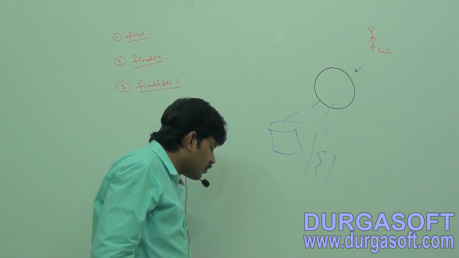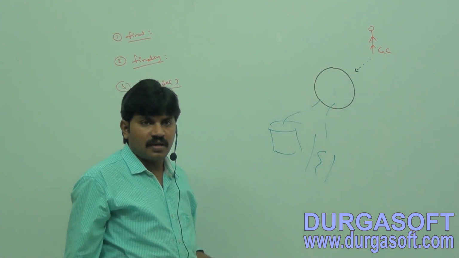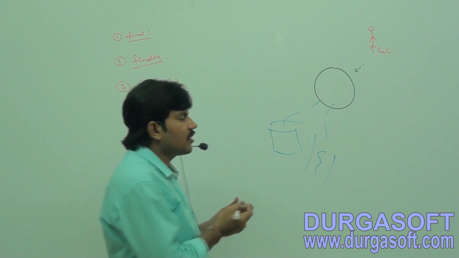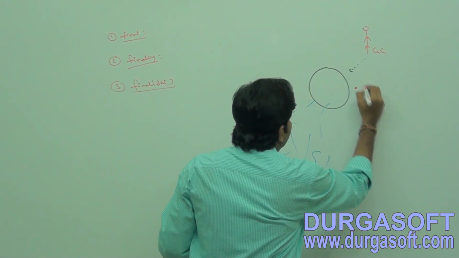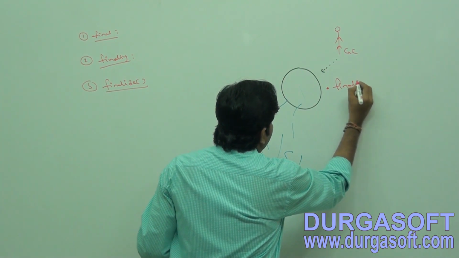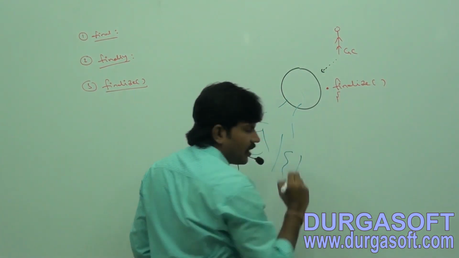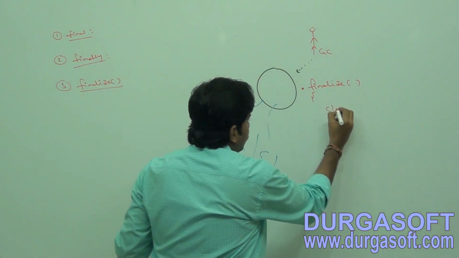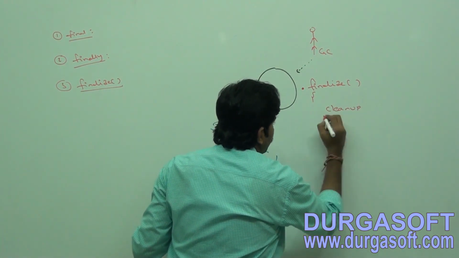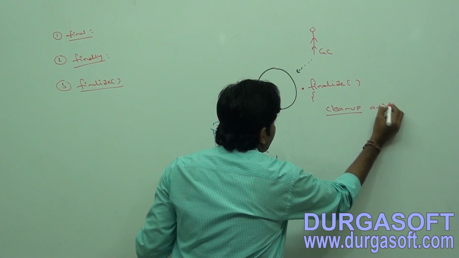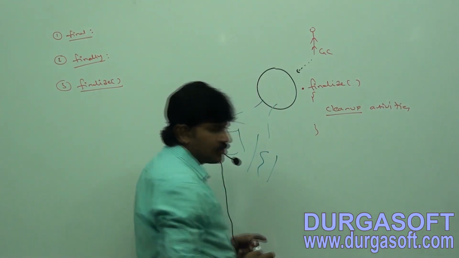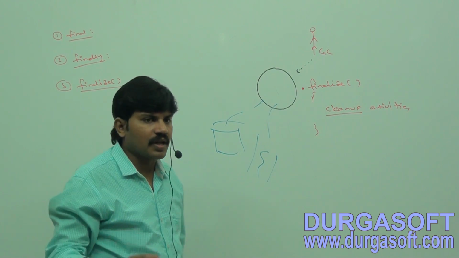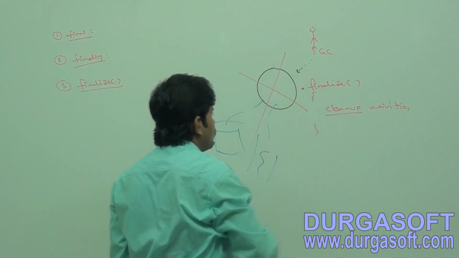To fulfill that last wish, the garbage collector calls the finalize method to perform these cleanup activities. Once the finalize method completes, the garbage collector automatically destroys this object.